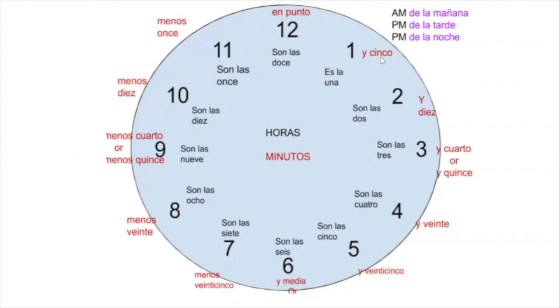Es la 1:05. It's 1:05 after. It's 1:05. Son las 2:10. It's 2:10. Y aquí en la esquina de la mañana for the AM, de la tarde in the afternoon, y de la noche for nighttime.